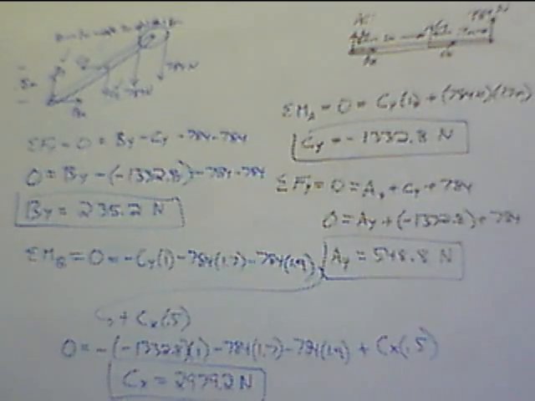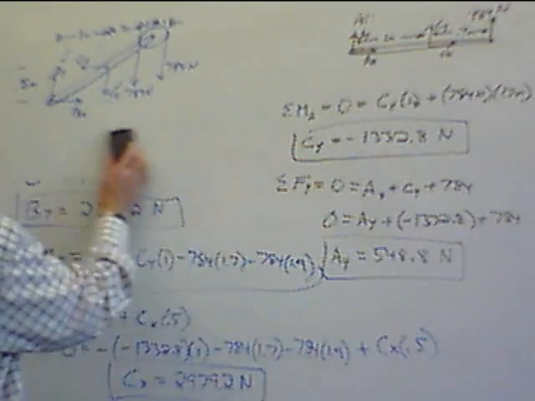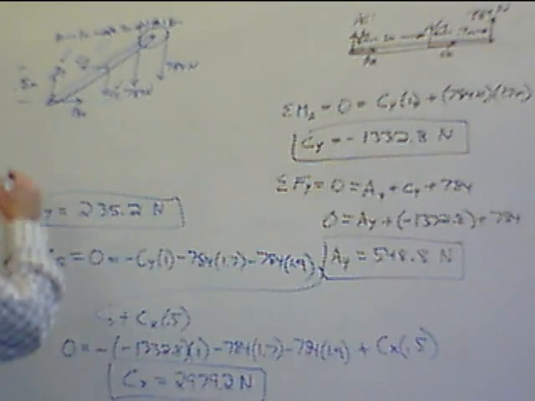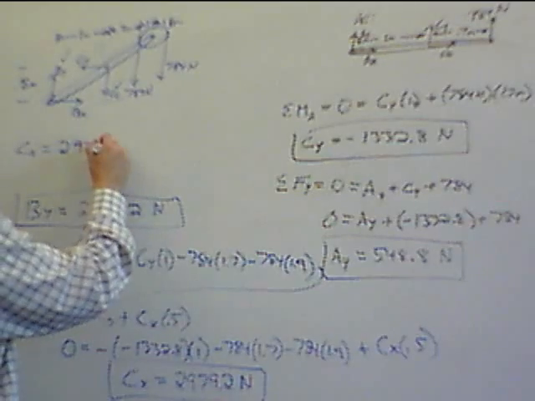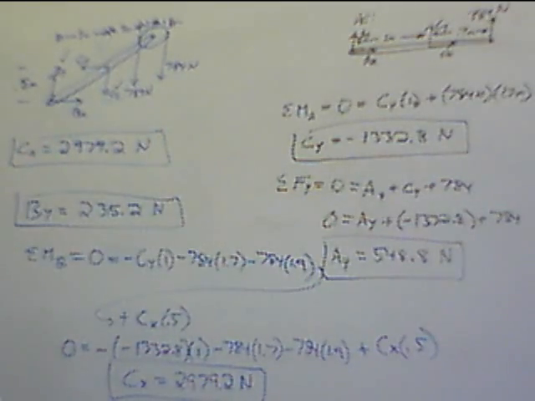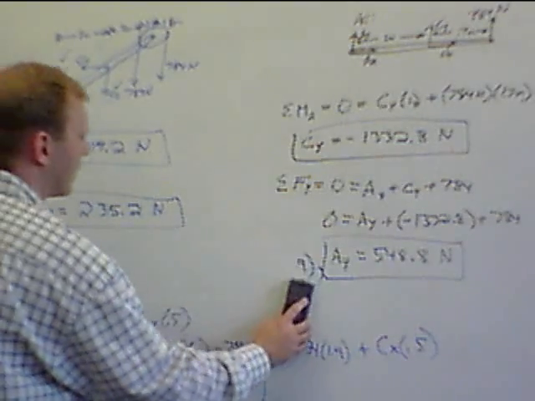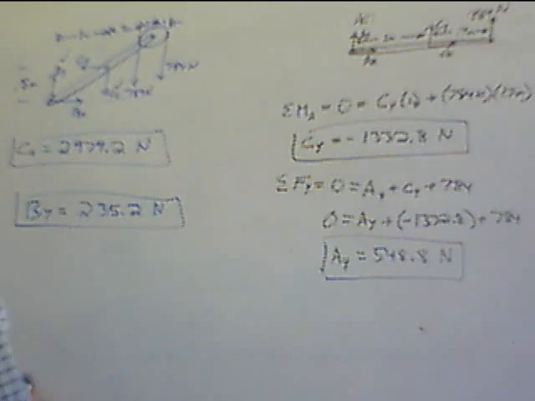All right, so now at this point we've solved for 4 of them. I'm going to kind of clean this up a little bit. Cx was found to be 2979.2 newtons. So now I can take this down. Okay, we can get Bx quite easily here.